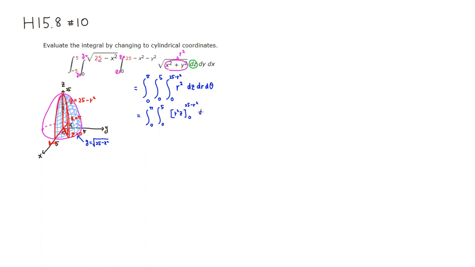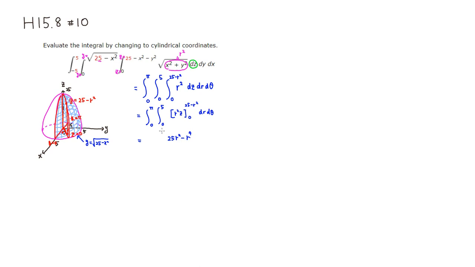We still have dr d theta. If you plug in 25 minus r squared in there, you're going to get 25 r squared minus r to the fourth power.